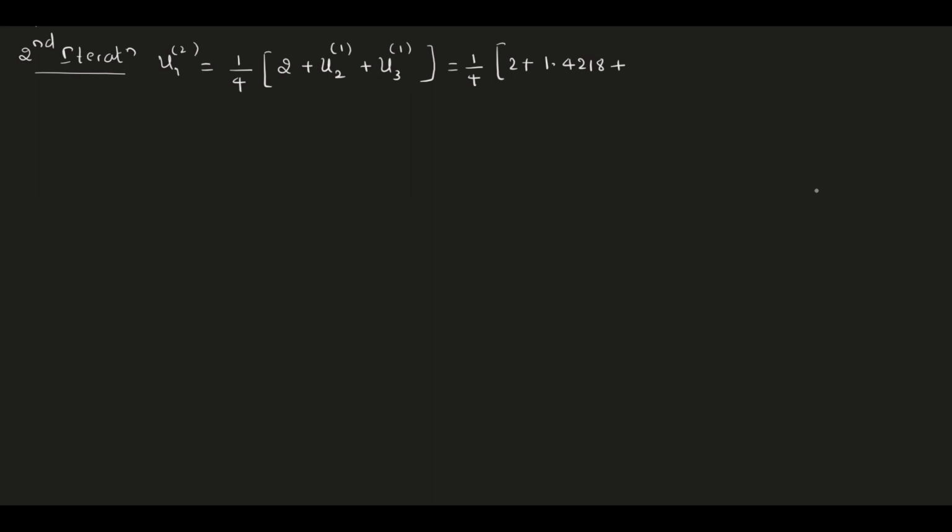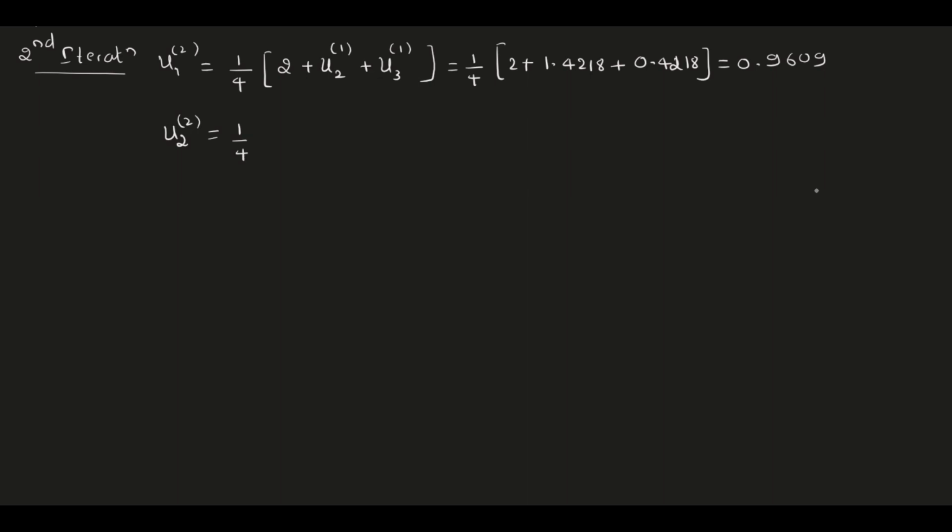What was u3 of 1? 0.4218. When you simplify it, your answer for u1 of 2 is 0.9609.